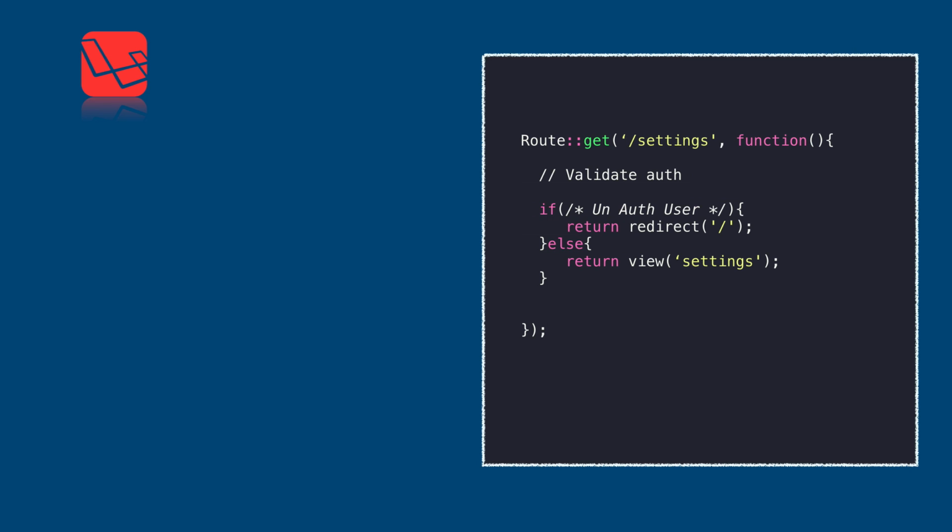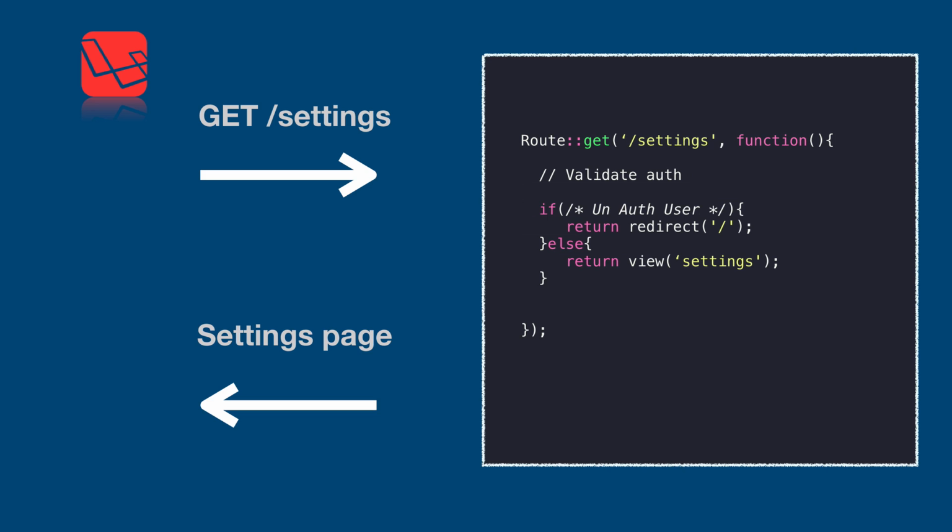So you can see here that I am checking the authentication, and this could be done in the profile page. This could be done in some other page also. Like in many pages I will check if the user is authenticated or not. So I can use middleware here because I am checking the authentication again and again. So I send a get request, it validates the auth, and based on that it returns the settings page. If the user is authenticated, then it will return the settings page.